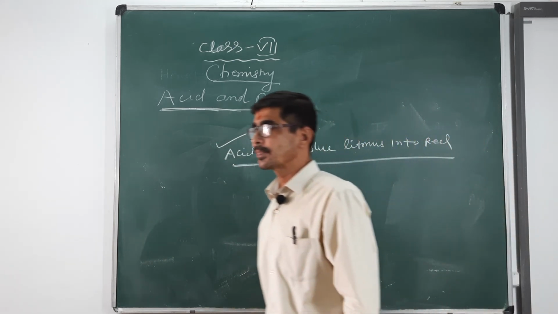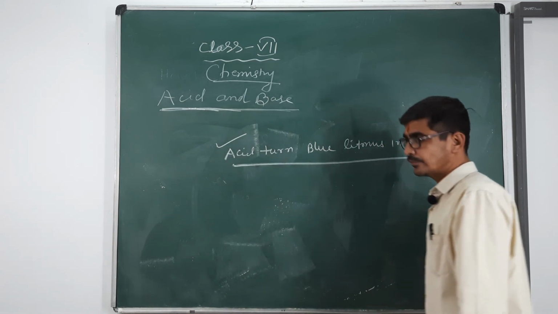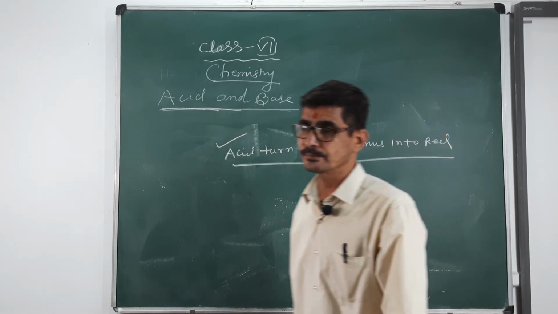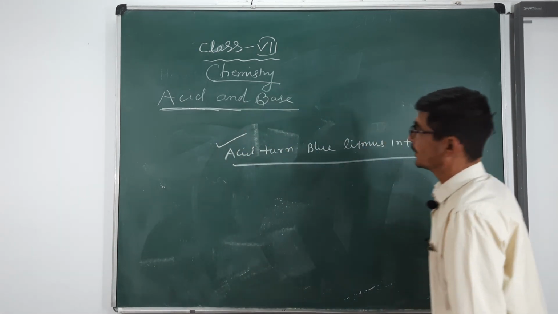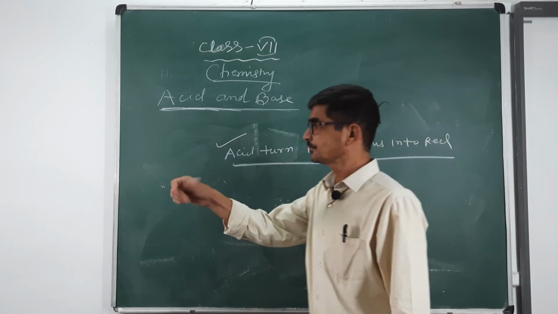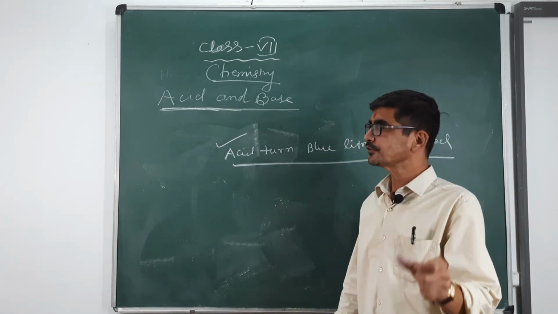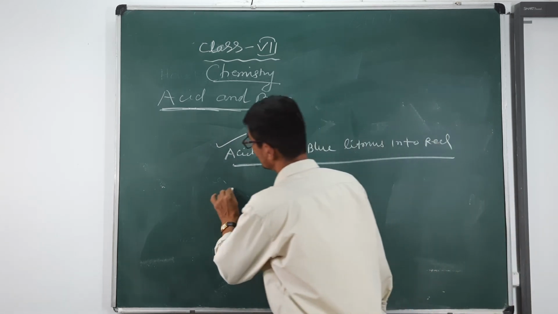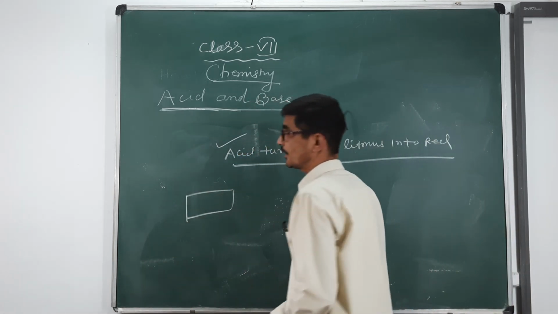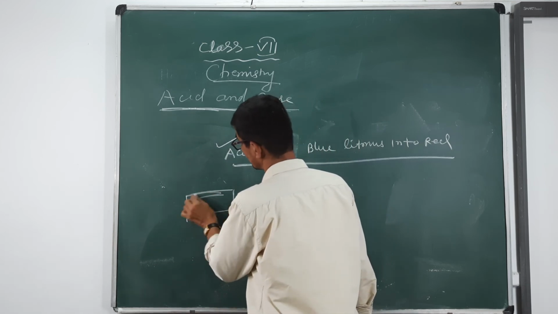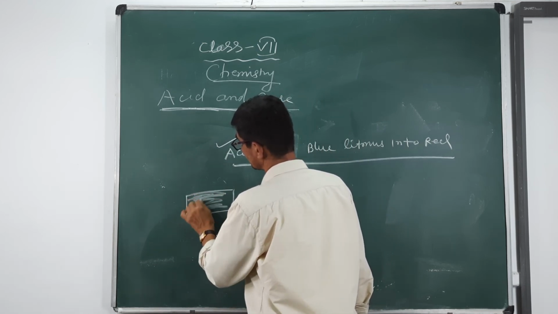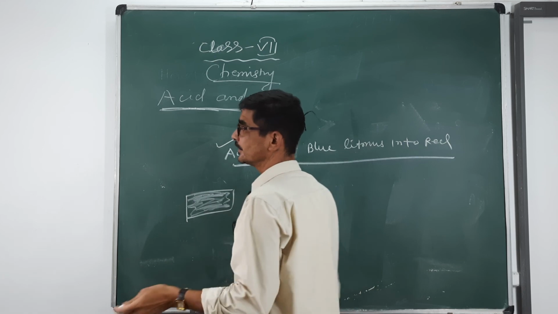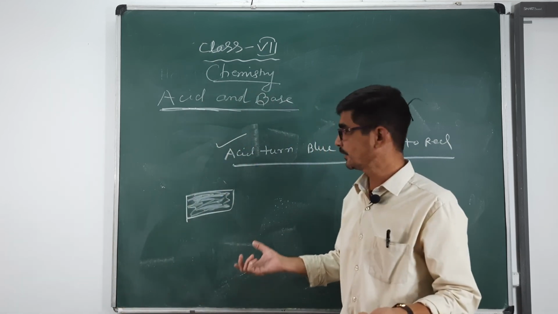You can do the practicals at your home. You have seen the hibiscus flower. Now we will take a white paper. The red part of the hibiscus flower is rubbed over the paper. Then what will happen? It turns gradually blue in color.